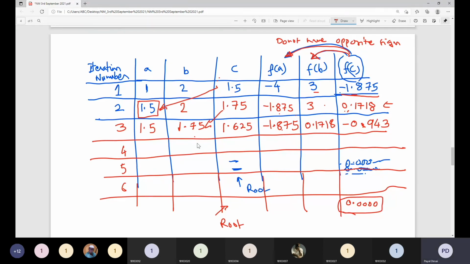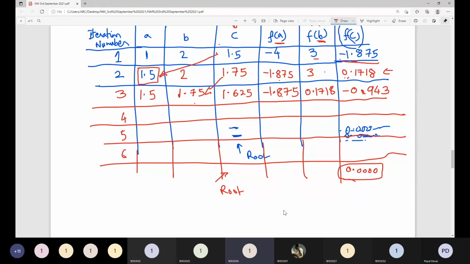There can be only one root, right? One root value. There cannot be two root values. So A and B cannot be taken as the root. Only the midpoint, because that is the point we are targeting. In squeezing the interval, at the midpoint the function's value should be 0, and the value of C is actually the root because it satisfies your function's value.